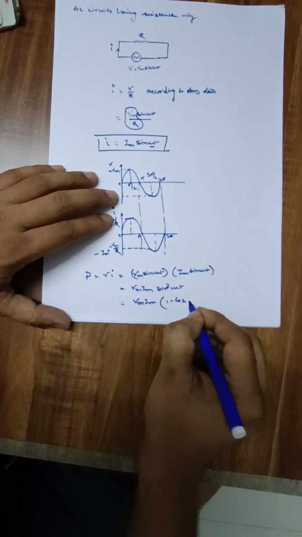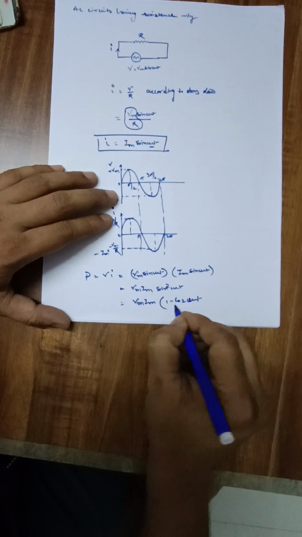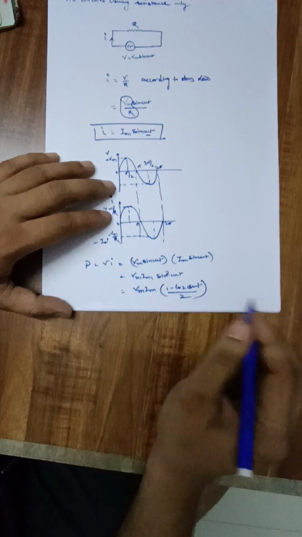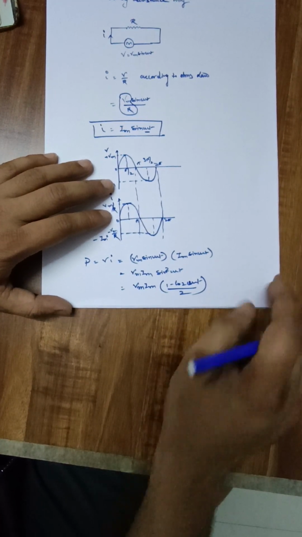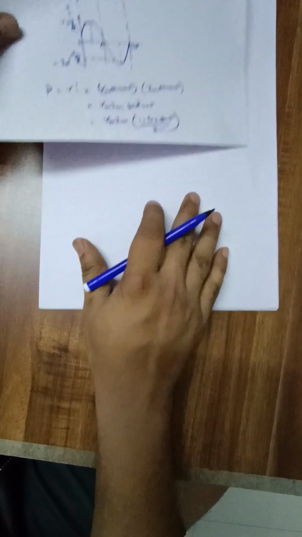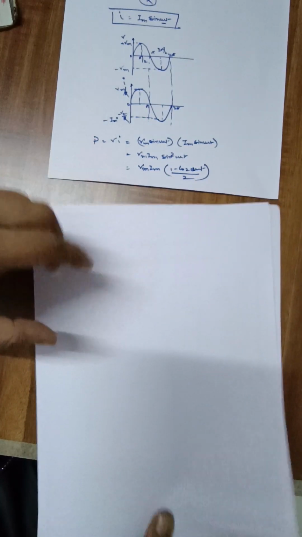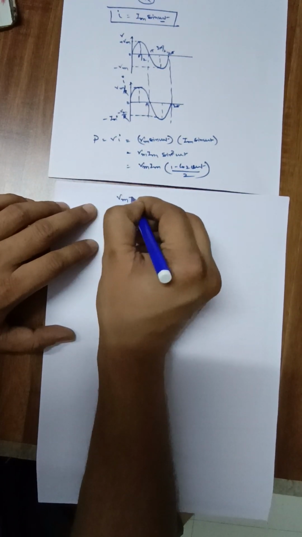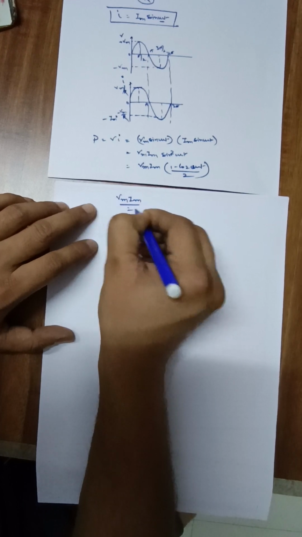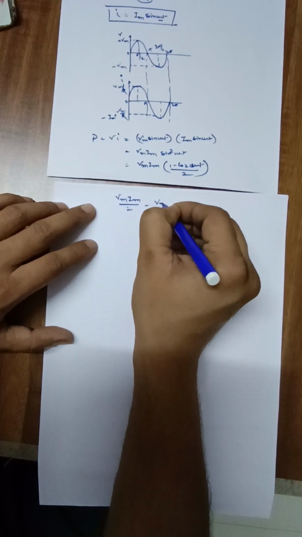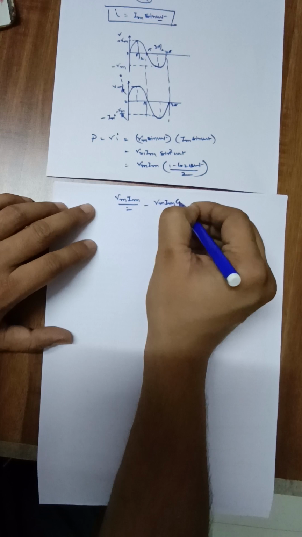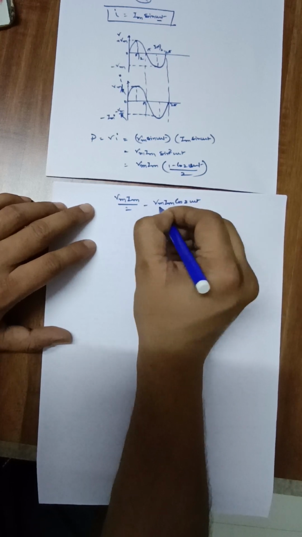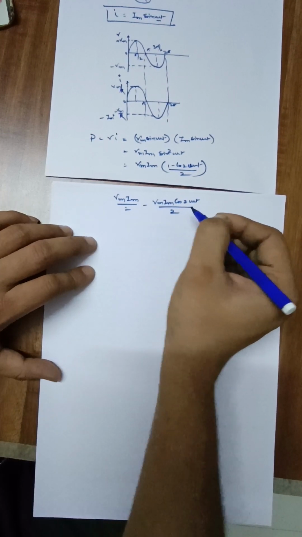So it is 1 minus cos 2 omega t upon 2. So power will become Vm Im by 2 minus Vm Im cos 2 omega t upon 2.